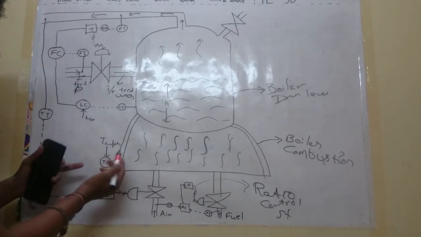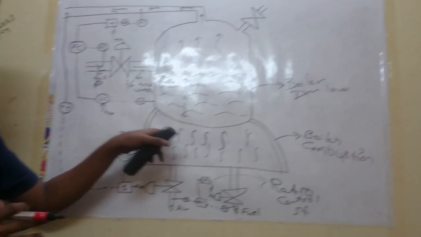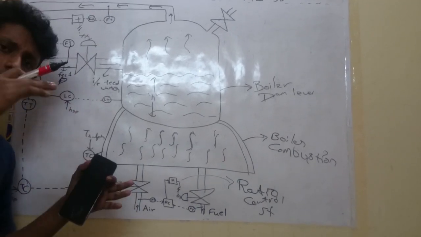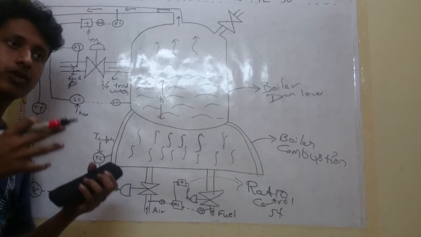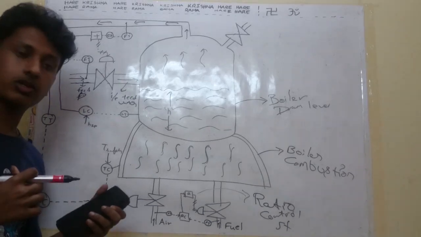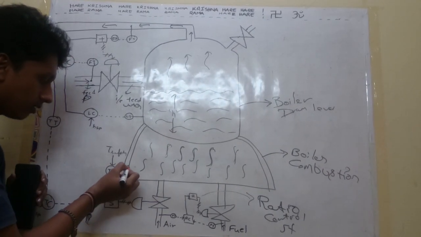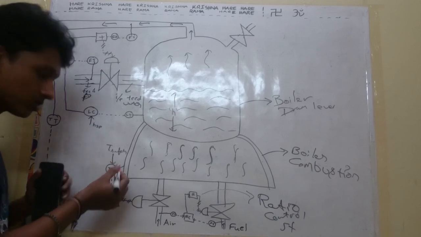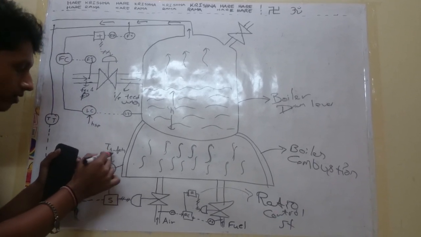Okay. Now you may think we must have a safety control also. See, for example, if the temperature of this boiler combustion increases to a certain limit, then it may blast, and we may get damaged conditions, and it will cause environmental problems also. So we need to have a certain temperature safety also. So we are integrating a temperature controller over here, and we put in the temperature safety limit.